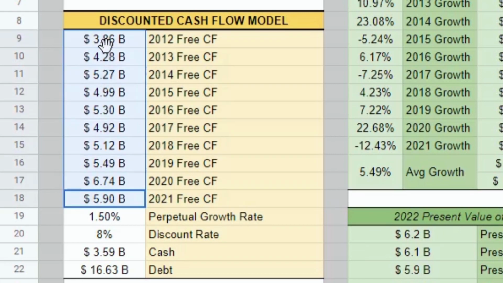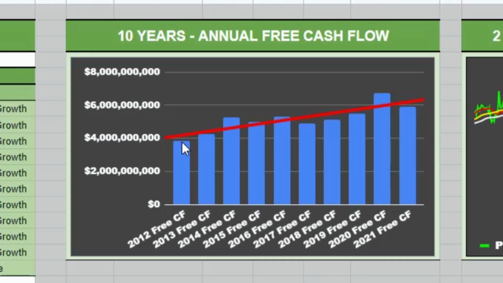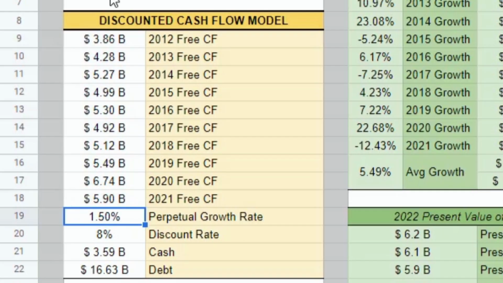Taking a look at their 10-year free cash flow chart, it does look like they are trending in the upward direction. This is actually a very interesting stock to evaluate, and more on that at the end.